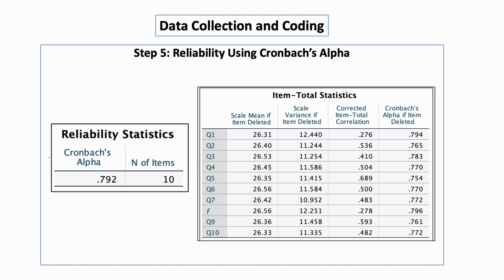If it goes up, then that item is actually not contributing and is just taking up space. The other items, where removing the item brings the Cronbach alpha down, are contributing well and should be kept in the questionnaire.